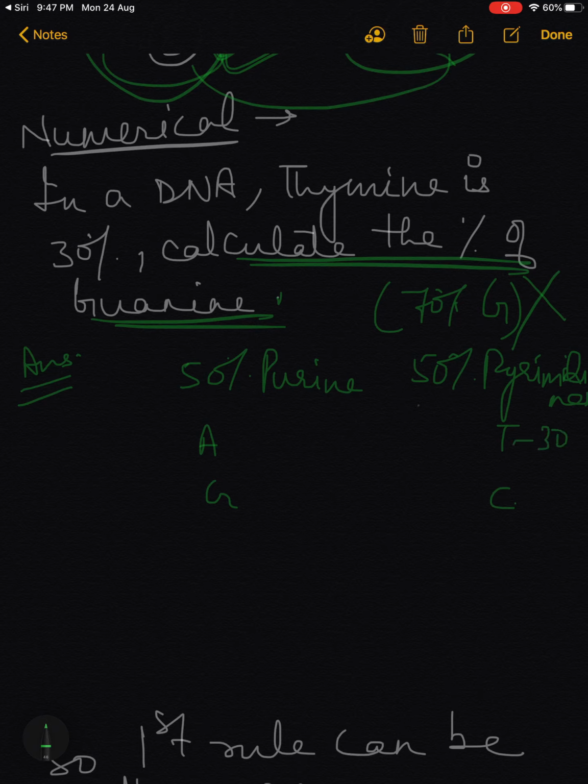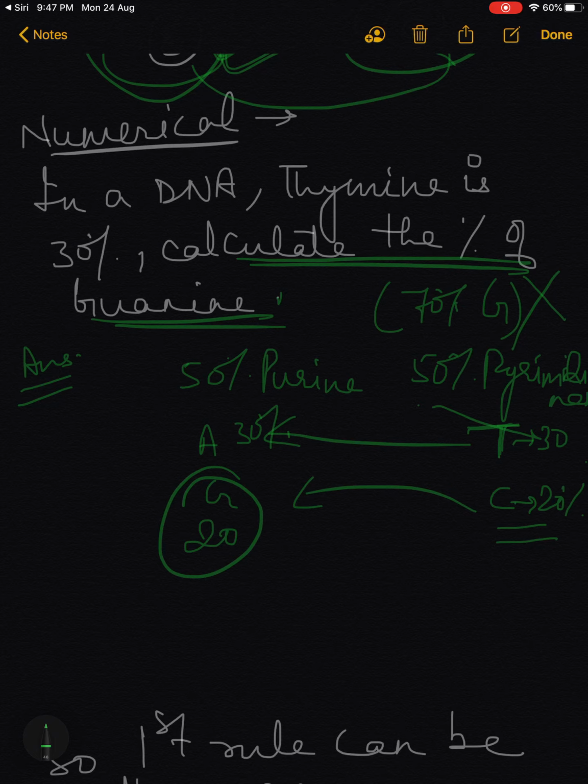So out of 50, if thymine is 30%, how much is cytosine left with? 20%. And we know that A and T are equal. If T is 30%, then A will also be 30%. And if C is 20%, then G will also be 20%.